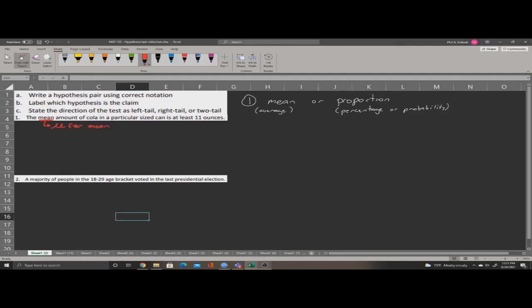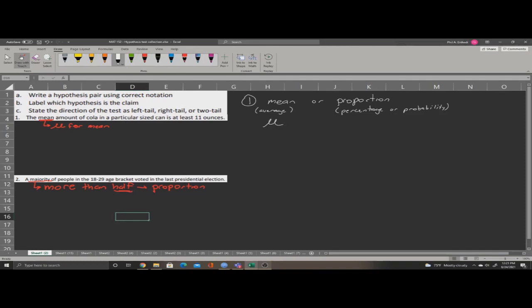By contrast, question 2 uses the word majority. Now, majority means more than half. But half denotes some form of proportion or probability. Now, if we're writing a hypothesis about the mean, we use the letter mu.